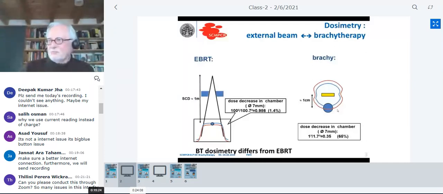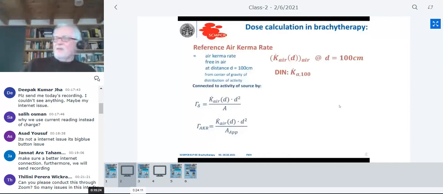The basic number, which I've already shown, is the reference air kerma rate, which specifies the strength of the source.